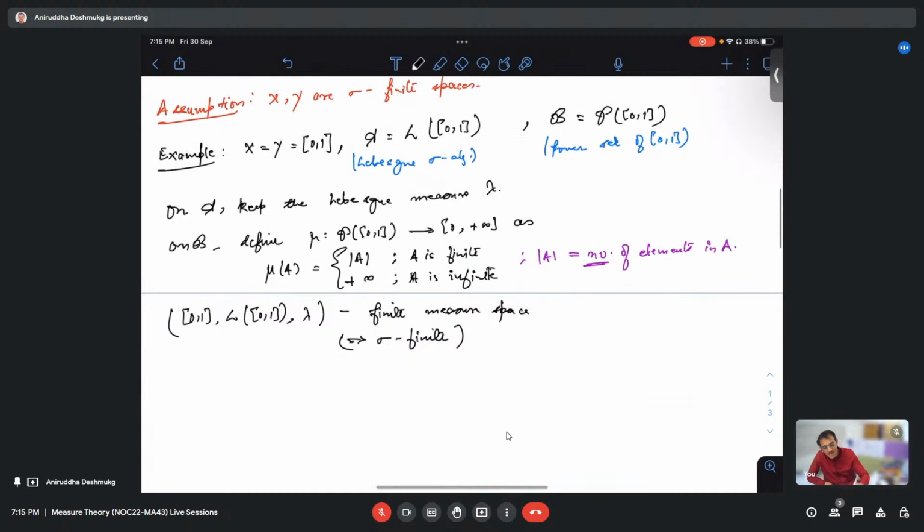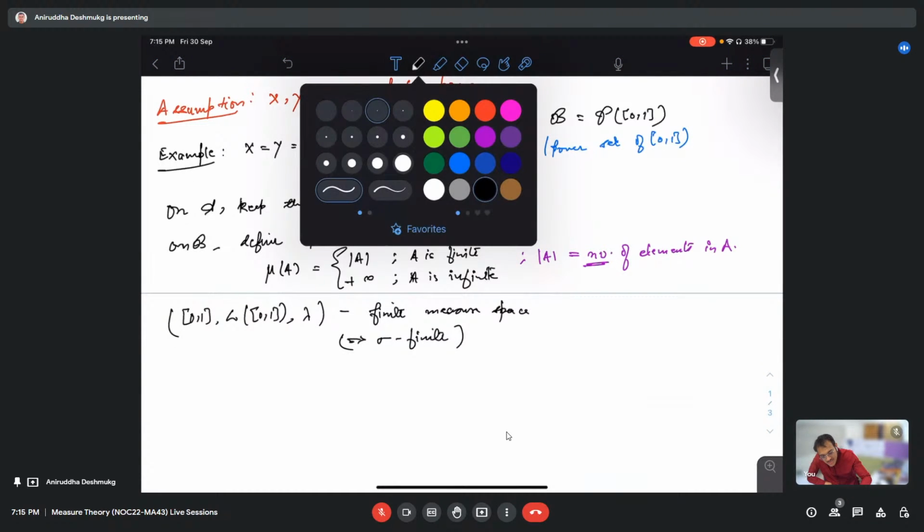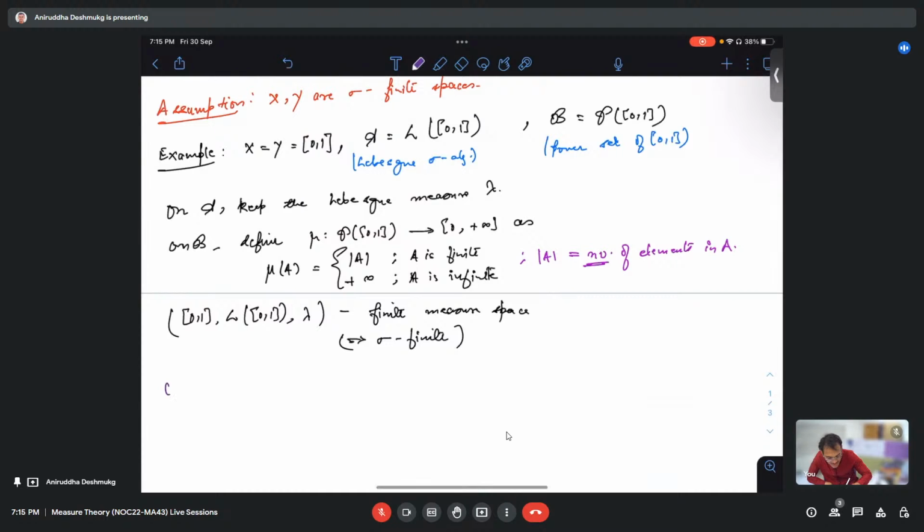So no worries here. What about B? The question is whether B is a sigma finite measure. Indeed, it is not a finite measure because the whole of [0, 1] contains infinitely many elements. So the measure of [0, 1] is infinite.